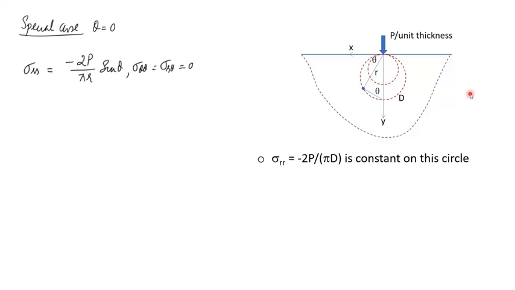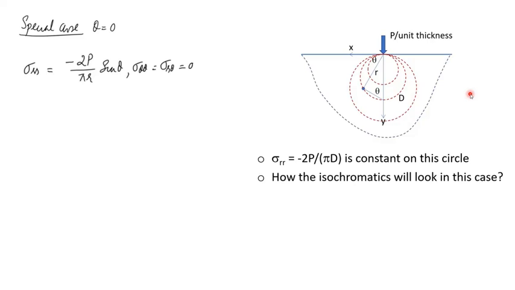You can consider circles of different diameter, and on each of these circles you will get a particular value of sigma rr which will remain constant on that circle. Now sigma r theta is 0 everywhere, so sigma rr will be one of the principal stresses and it will be the minor principal stress because it is negative. So now you can imagine how the isochromatics will look in this case.